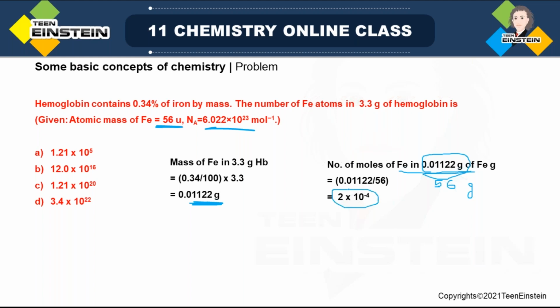But remember, it is the number of moles, it is not the number of atoms. You have to find the number of atoms, right? So once you know the number of moles, by dividing this mass 0.01122 by the gram atomic mass of iron, I'm saying gram atomic mass because it is having unit gram. So now you know the number of moles. Once you know the number of moles, you can easily convert it to the number of atoms.